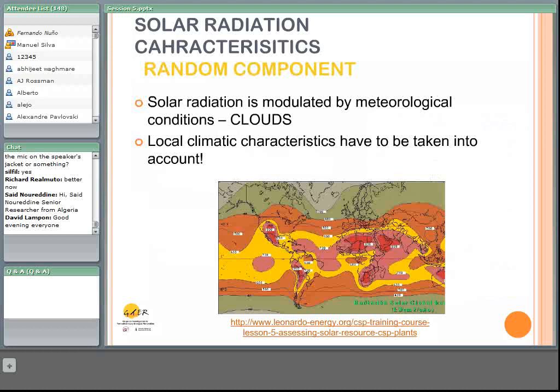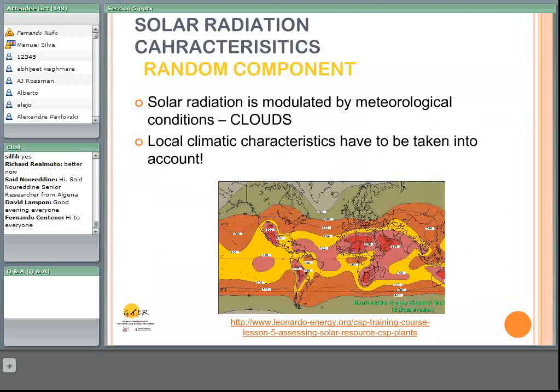Clouds are the dominant factor regarding the modulation of solar radiation, even more so for the direct component, because the direct component has very clear characteristics: it is similar to an average typical clear sky value when there are no clouds, and is almost zero or zero when we have clouds.